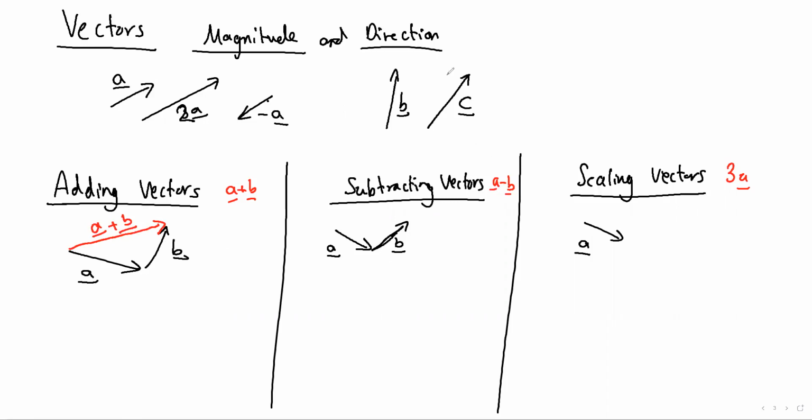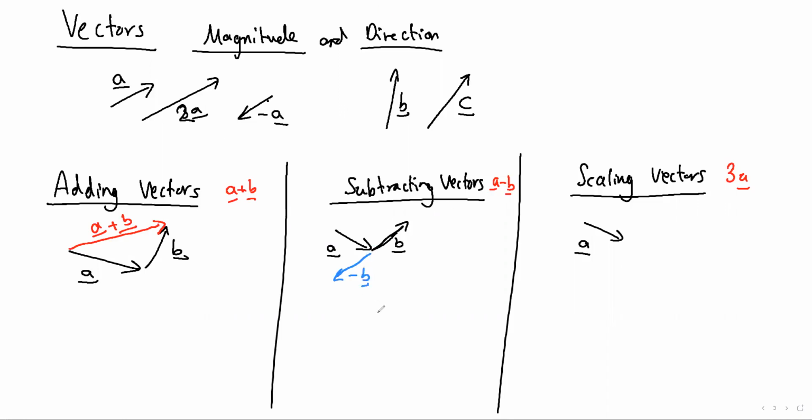Now for A minus B, what we need to realize is that this is a negative here. So we need to figure out what negative B is. Well, we already know that the negative of a vector just goes in the opposite direction.